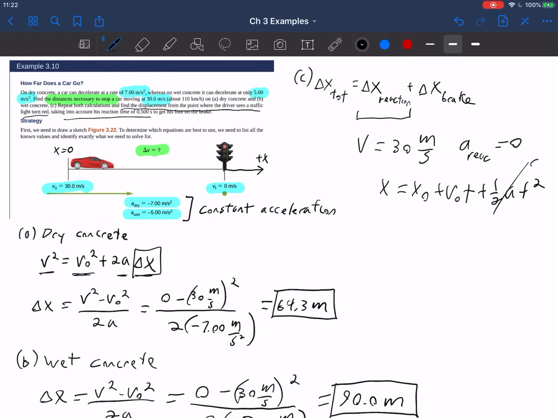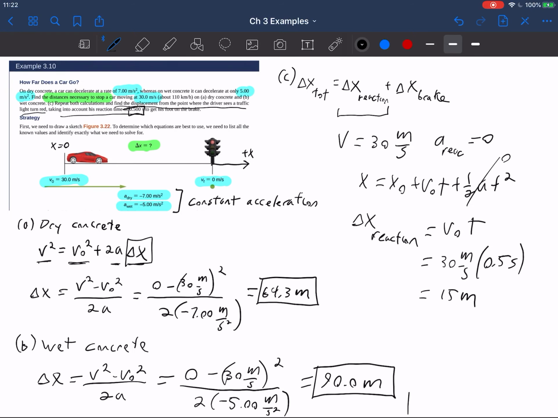So this term is just equal to 0. And x minus x naught, if I move x naught to the other side, or just delta x, is what we want to find here. And delta x reaction is just equal to v naught t, right? Just velocity times time. And so that becomes 30 meters per second times 0.5 seconds, right? That's how long it took us to hit the brake, and that gives us 15 meters.